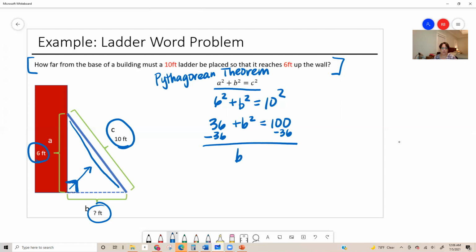So we get B squared is equal to 100 minus 36 is 64. Now, to get rid of a square, you do a square root. So we're going to take the square root of both sides. And you get B is equal to the square root of 64, which is 8. So how far is the base? It's 8 feet.